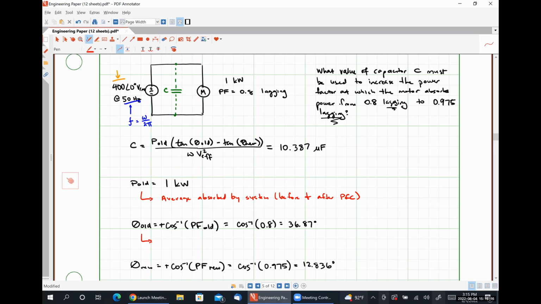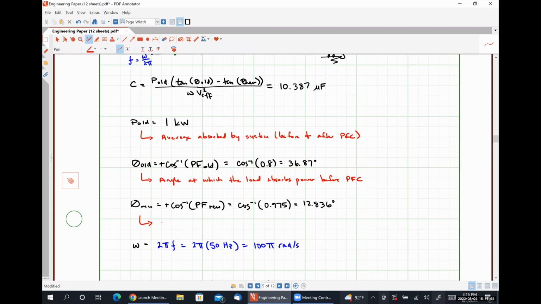Theta old is the angle at which the load absorbs power before power factor correction.